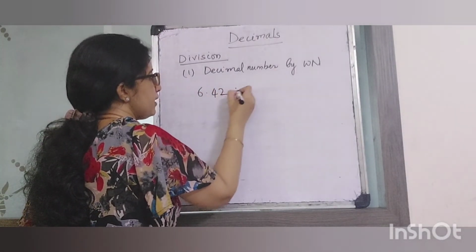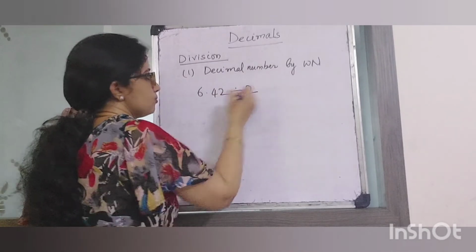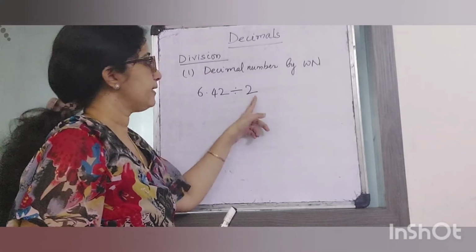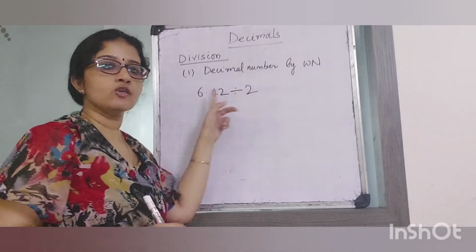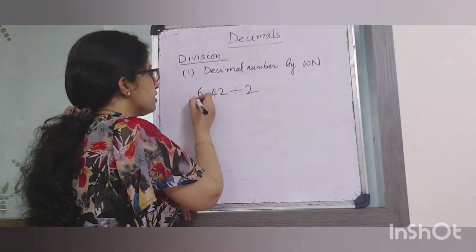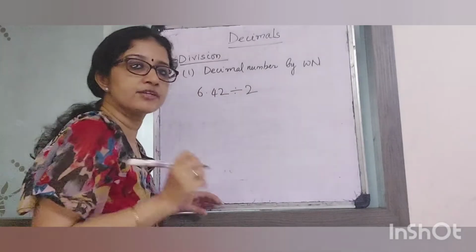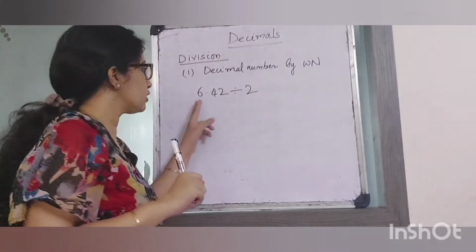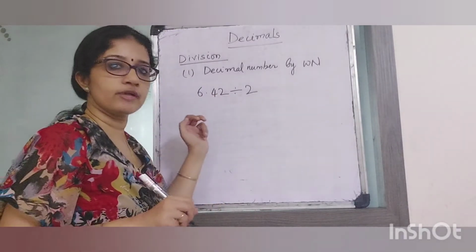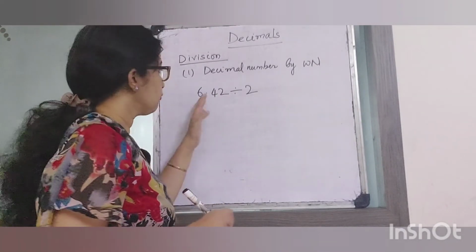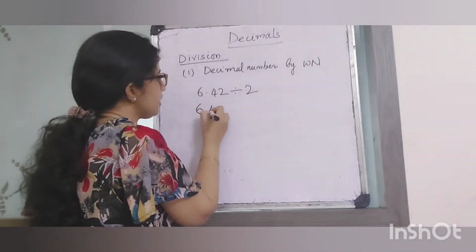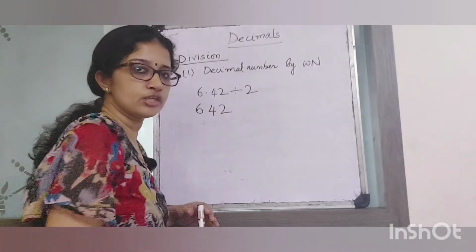6.42 divided by 2. Okay, 6.42, this is a decimal number and here we have a whole number 2. Okay, so how to do this? Now what we should do is convert this decimal number into a fraction first. So how do you convert this decimal number into a fraction? 6.42. First we ignore this decimal point and just write the number without the decimal point, which is 642.